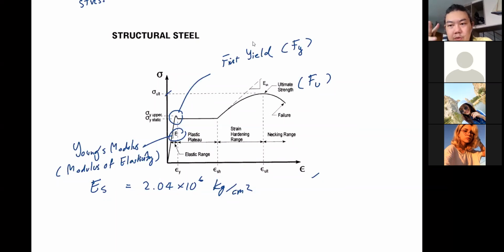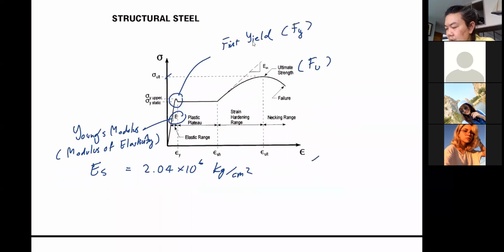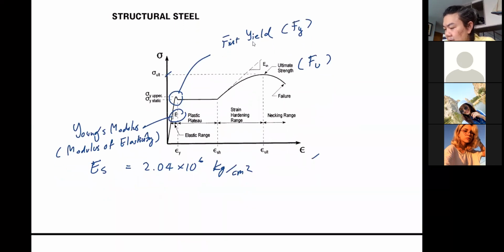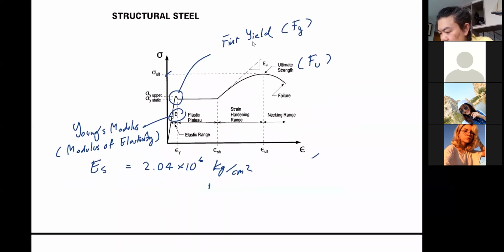Generally, we use two steel grades in this country, in Thailand. The first one is SS400. It's been there forever. Generally, what we perhaps should have used is SM400, but somehow things got tangled up a long time ago, and they use SS400 instead of SM400.